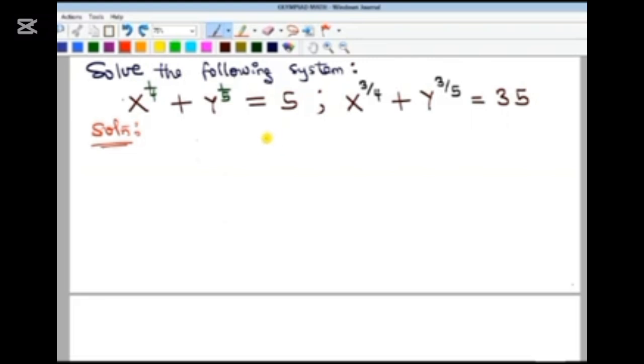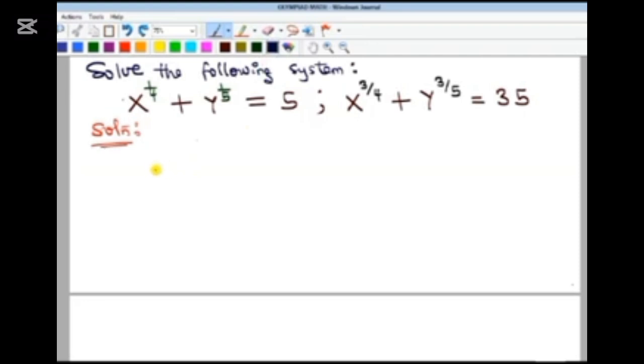Now, one of the things we can do is to raise the powers of both sides in order to cancel out the fractional powers we have. But that is also going to be difficult because of the addition signs that we have here. So, in other words, we would have to look for something else.